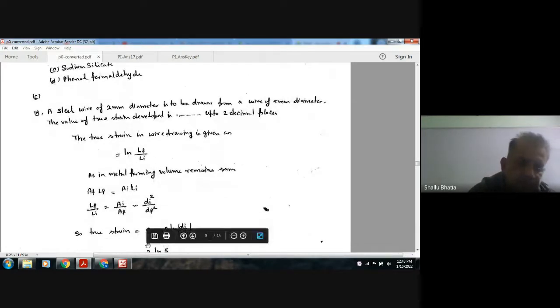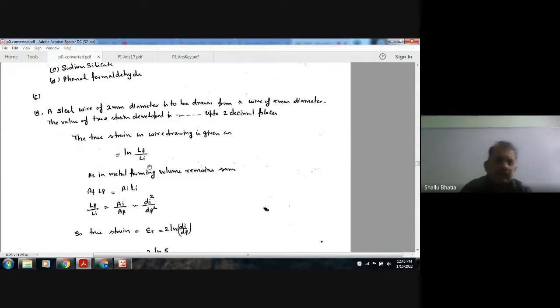Next, a steel wire of 2 mm diameter is to be drawn from a wire of 5 mm diameter. The true strain is to be found up to 2 decimal places. Now we know that true strain is ln LF by LI, where LF is the final length and LI is the initial length. In metal forming, we assume that the total volume remains constant. So AF into LF is equal to AI into LI.